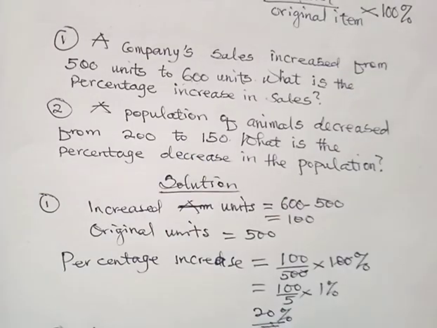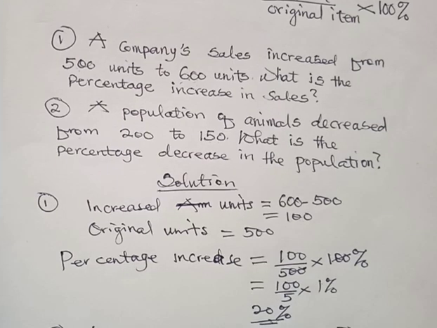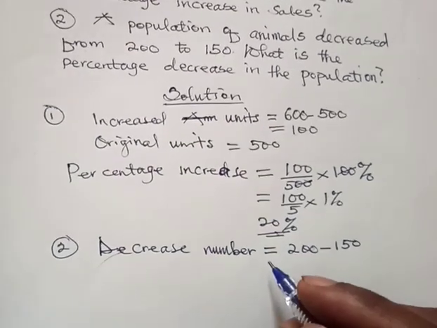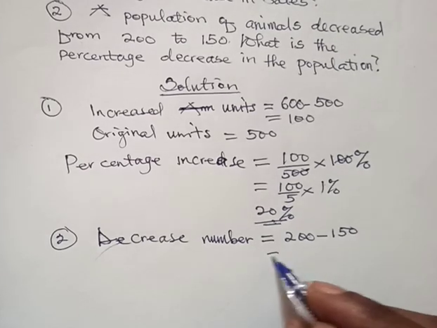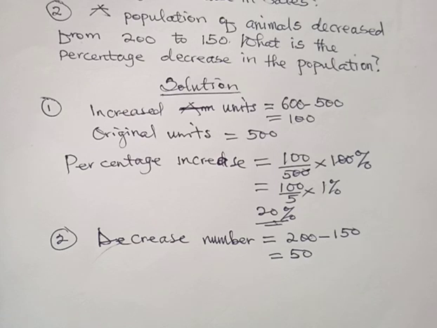So we subtract 150 from 200, which gives us what? 50. Good. So it means that it has been decreased by 50.